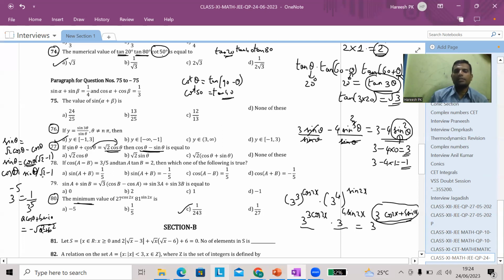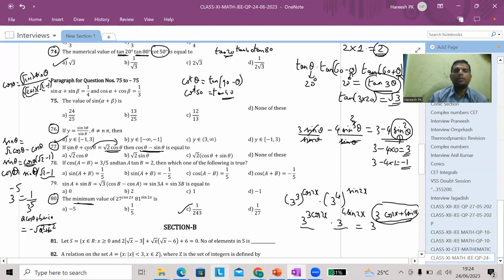Of course, you can rationalize the denominator here. So I can write cos theta as root 2 plus 1 sin theta by (root 2 plus 1) into (root 2 minus 1).